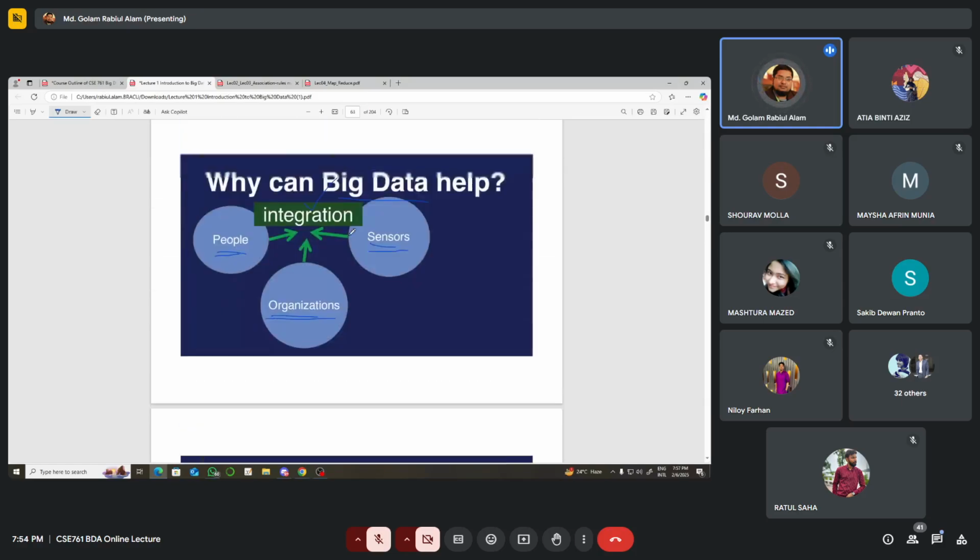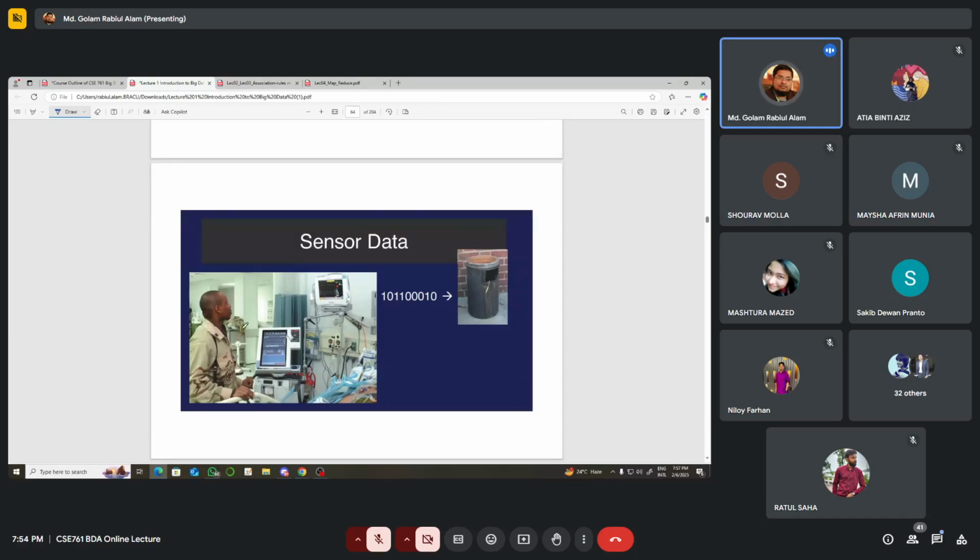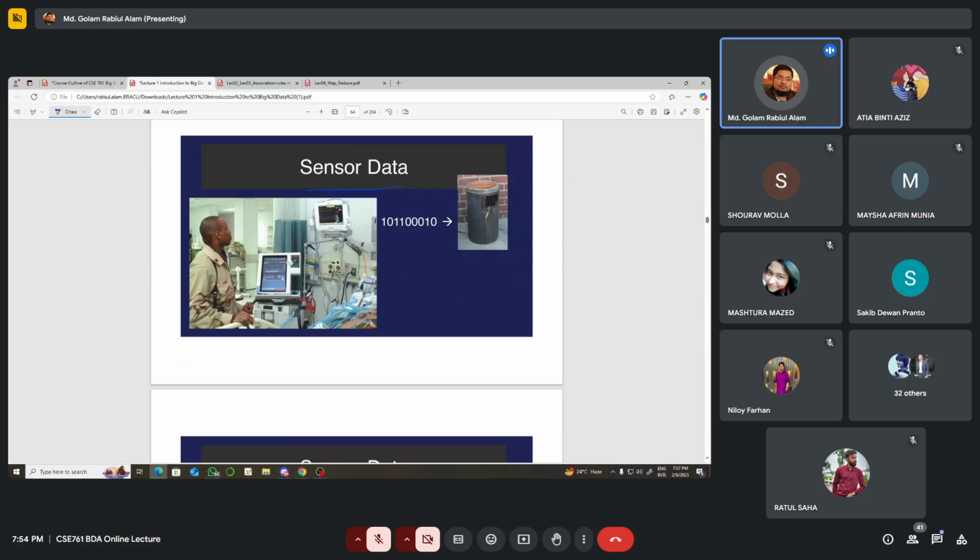Like from the sensors, we can see there is the MIoT sensor, the medical IoT sensor data. There is a huge amount of data generated from the medical IoT sensors. For any patient, you need to monitor the health status using different types of sensors and observe those data continuously.